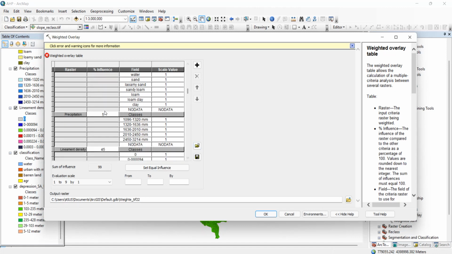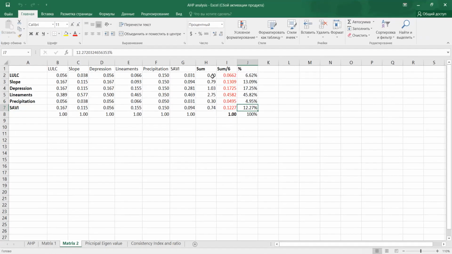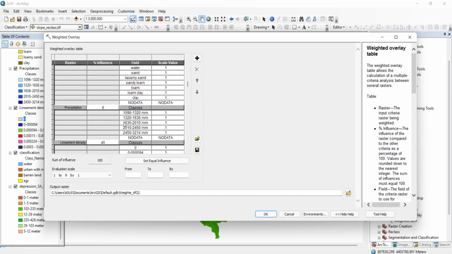Let's assign it to precipitation, okay, because it is too small. So precipitation now is 6%. We could assign it to lineament density. It would be more correct according to our AHP, 46%, but I think that 1% doesn't make a significant difference, so I decided to increase precipitation influence.